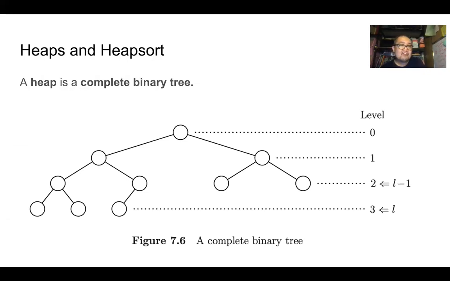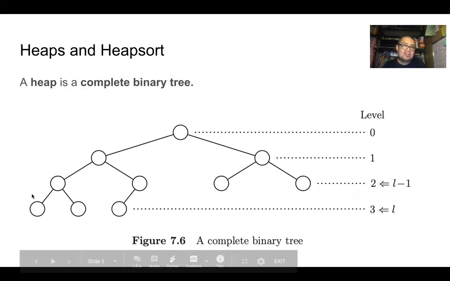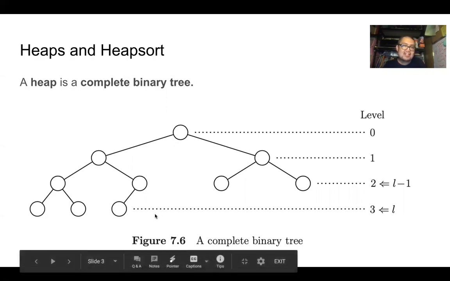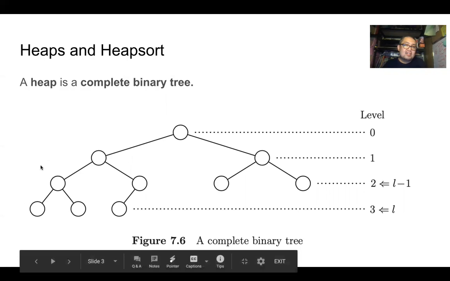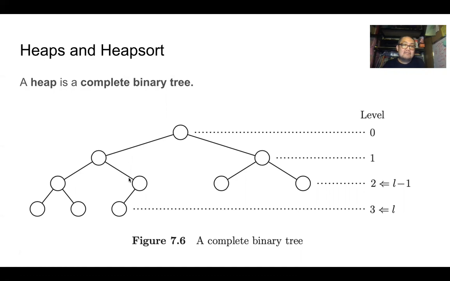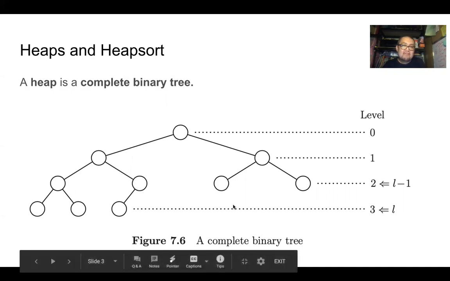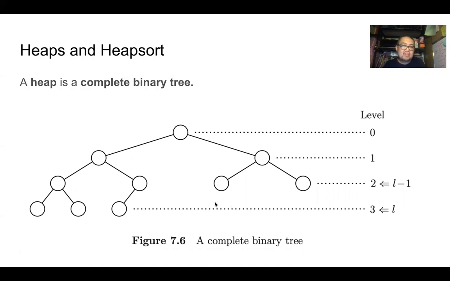Basically, a heap is a complete binary tree. I think we defined what a complete binary tree is. A complete binary tree is a binary tree in which each level is complete, except possibly the bottommost level of the tree. The only level that doesn't have a complete complement of nodes is the bottommost level.